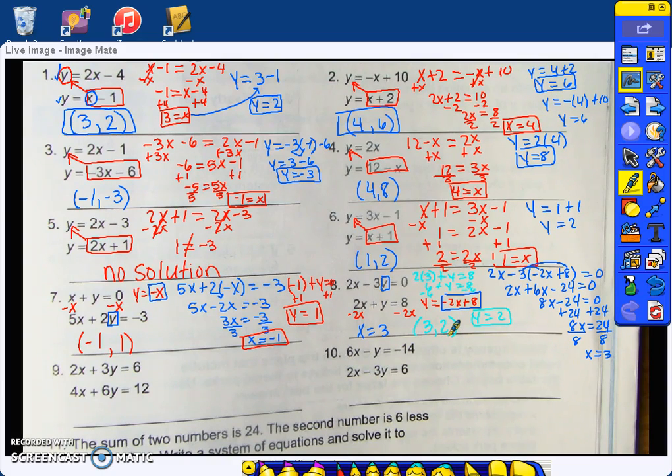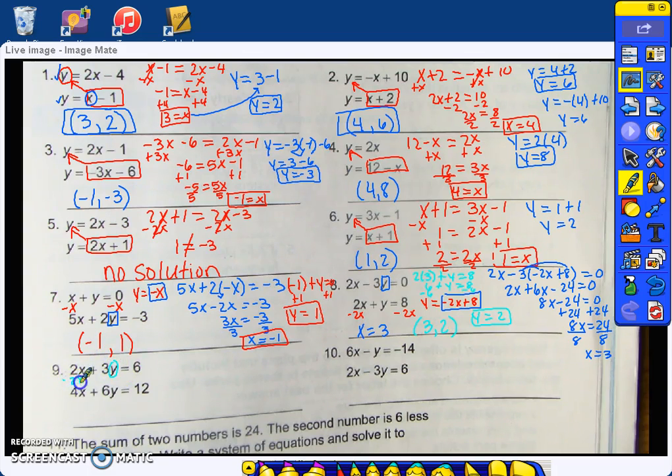Alright, for number 9, we need to isolate a variable. It does not matter which one we pick. I'm going to choose the y right here.